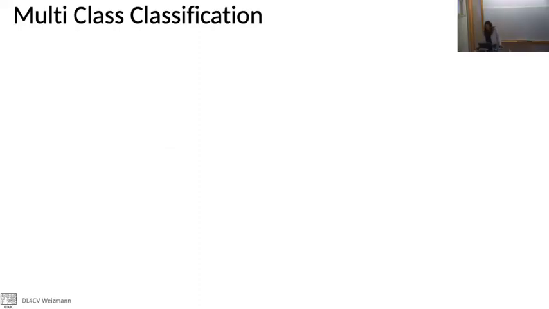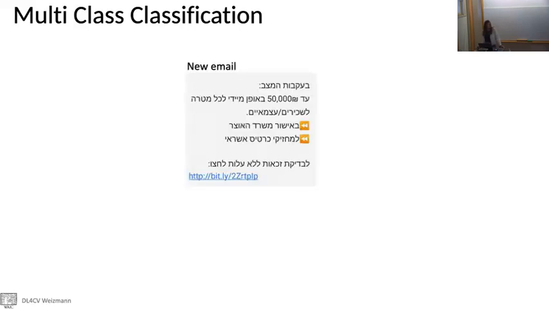Okay, so in the first section, we talked about binary classification, when we only had two options for the class. What if we go back to this spam detection and we have another option? Maybe you're not sure if it's spam, so we can go over it and it won't be thrown into the spam folder, but it might actually be spam.